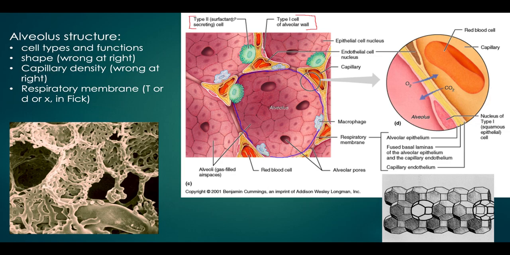So the surfactant is really reducing the surface tension of the water molecules in this lining of each alveolus. And that's important because it helps minimize the collapse pressure of those smallest spaces in the lungs.